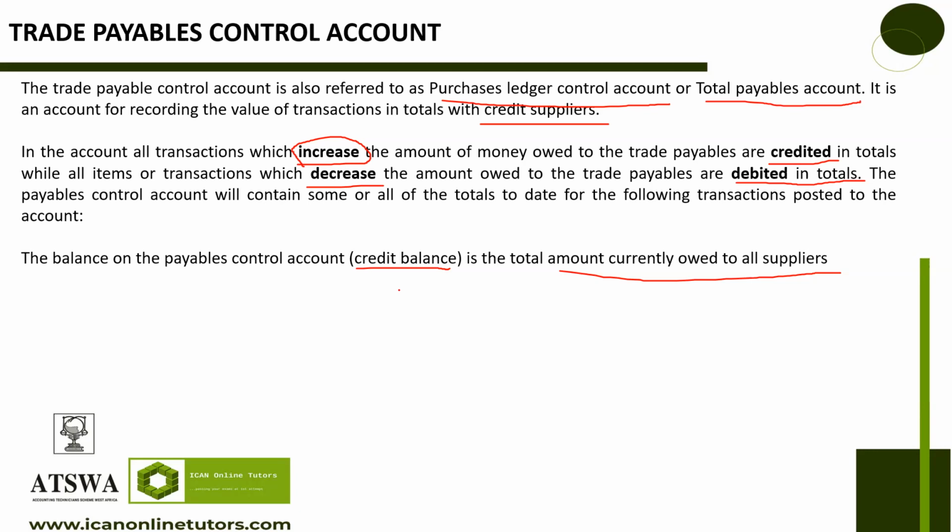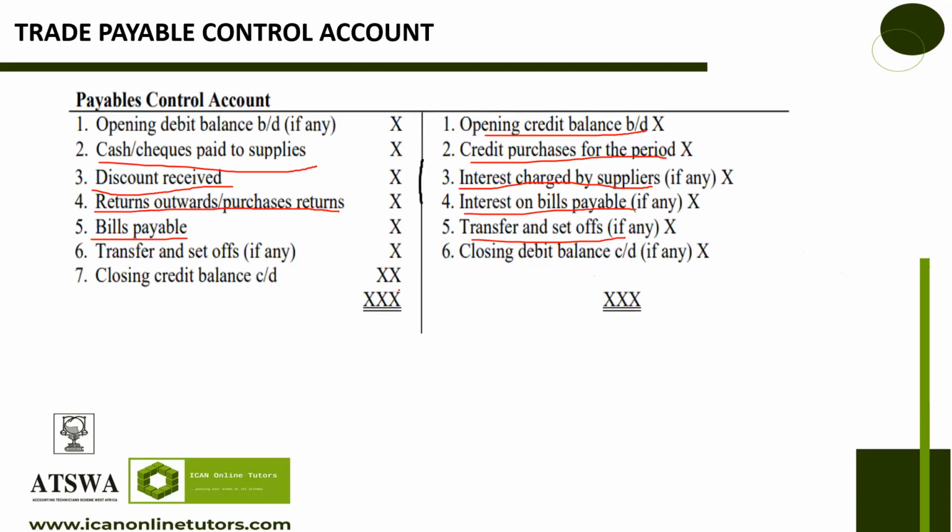Anything that reduces the amount that you owe your suppliers is debited in totals in the trade payables control account. This is the structure: the items that increase the trade payables control account and the items that reduce it. The ones on the left, on the debit side, are the ones that reduce, and the ones I ticked on the right-hand side, the credit side, are the ones that increase.